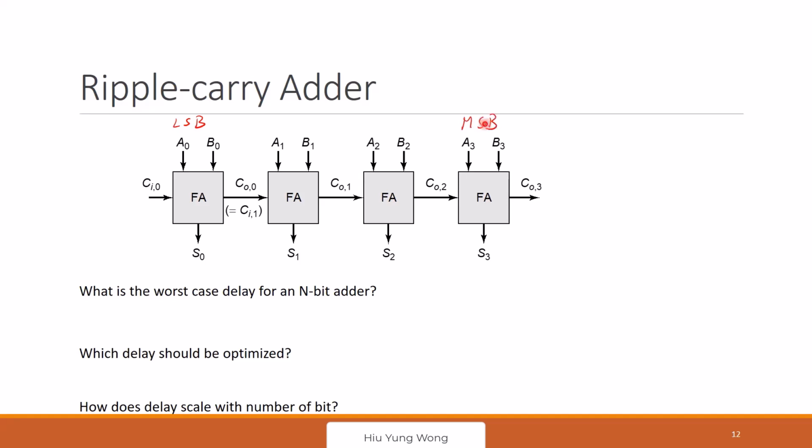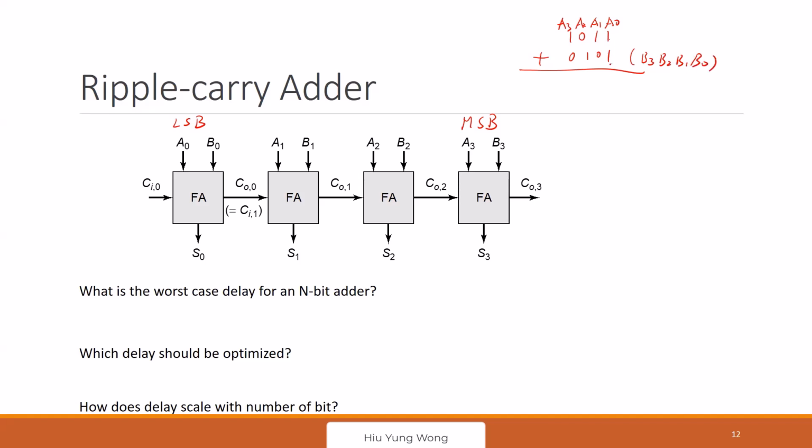Carry in, add to A0, B0, give me S0, right? Maybe it's better if I give an example: 1011 plus 0101, okay? This is A3, A2, A1, A0, and this is B3, B2, B1, B0.